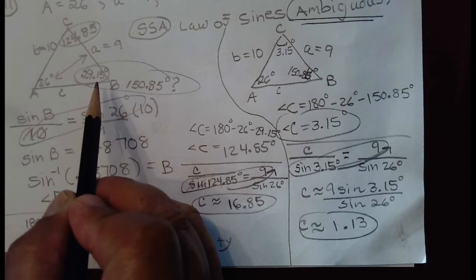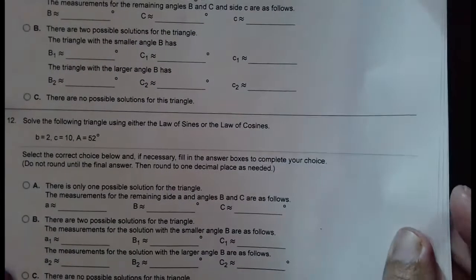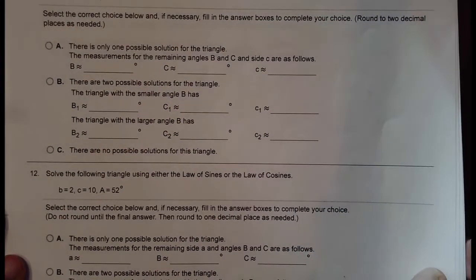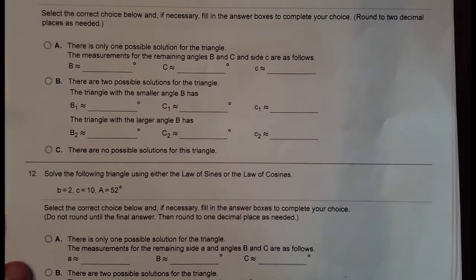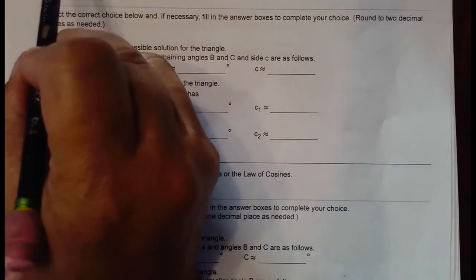So when it says A1, what was angle 1, side A1 and side C1? That means from the original triangle. Oops, I'm putting the answer in the wrong one. 11 is where we're supposed to be answering this.